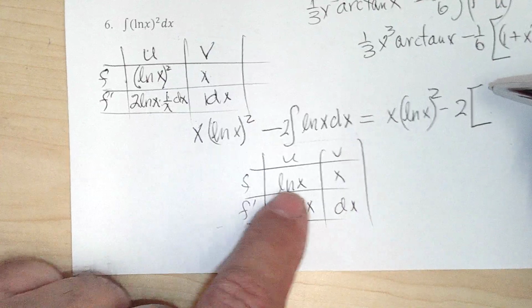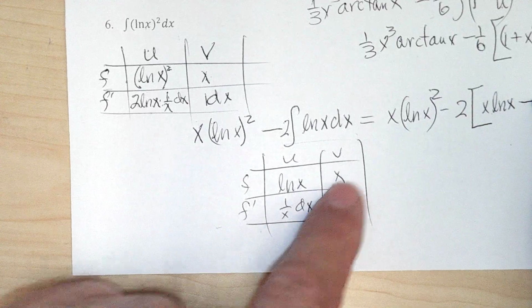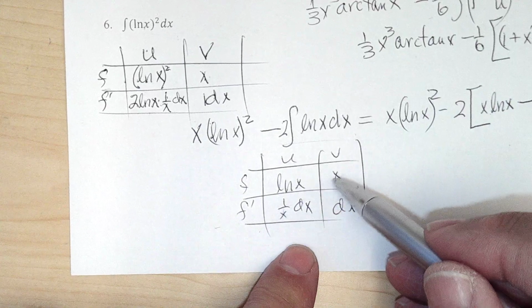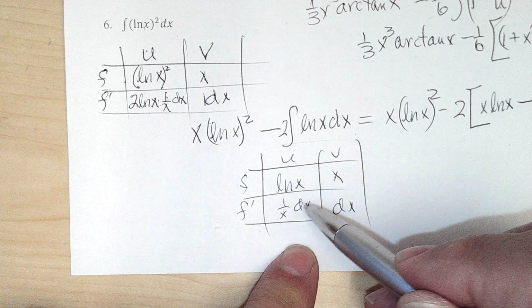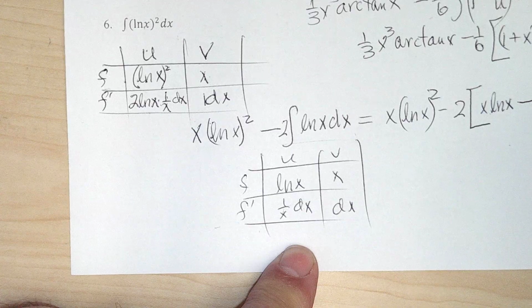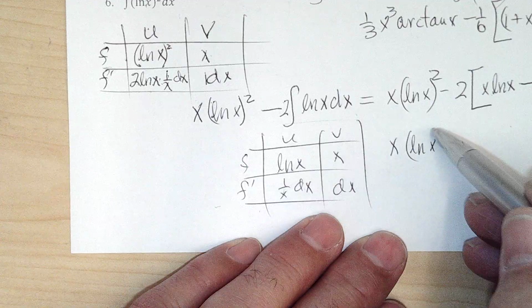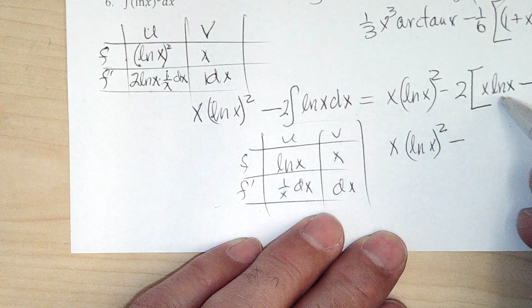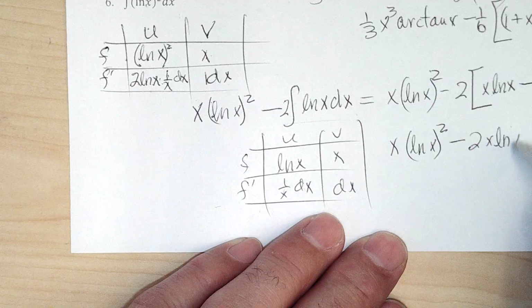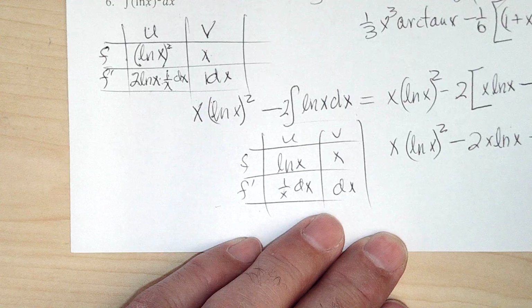And this becomes uv minus these two multiplied. 1 over x times x is just going to be dx. So we got the integral of dx. But the integral of dx is just x plus c. So we get x ln of x squared minus 2x ln x plus 2x plus c.